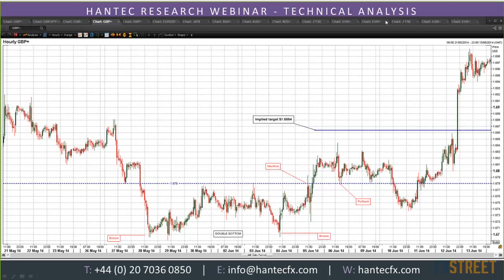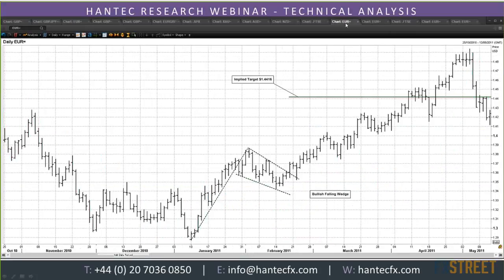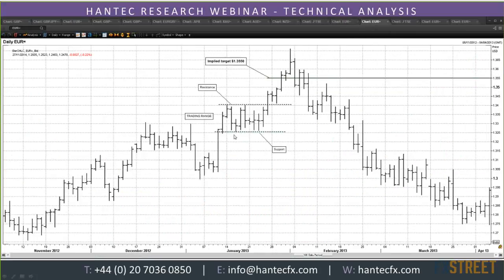Again, worked very well. And in fact, you could arguably even use this as almost a flag pattern here. I'll see if it does work, because that effectively is a flag, you could argue, that then breaks out to the upside, and you get your minimum target from your flag, but do you also get your maximum?